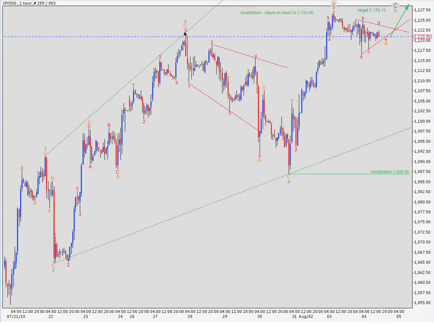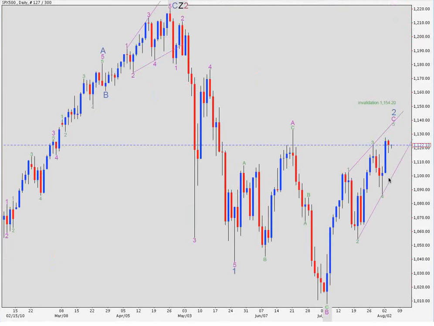So if that relationship between these impulses within the diagonal continues, we may see the S&P get up to 1179.13. That's how I worked out that target. While wave 5 green to end this C pink to end 2 blue, the last push to the upside, while this is underway, we shouldn't see any movement below 1086.9. If we do, this wave count at the hourly level is also again invalidated.